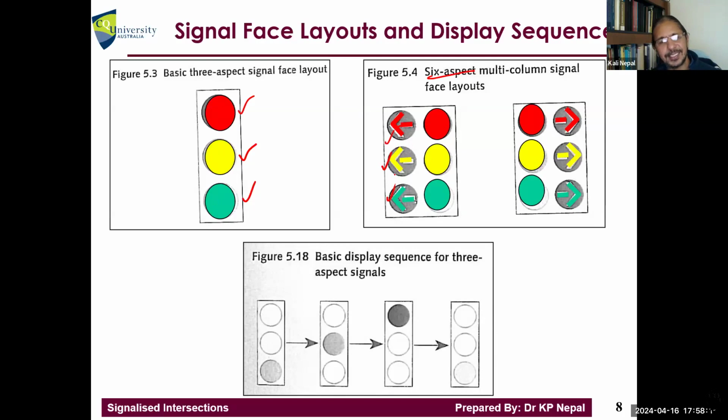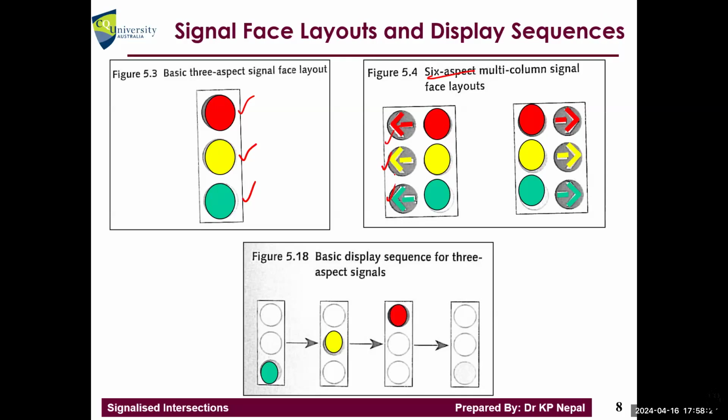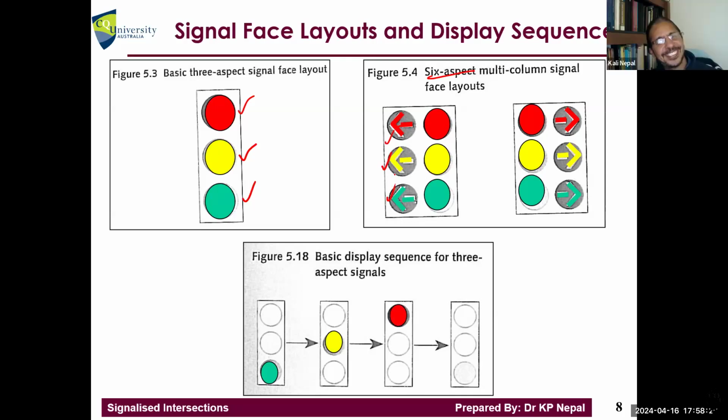If the first indication is green, what comes next after green? It comes yellow, right? And then red, isn't it? You see? This is the sequence we need to follow all the time, and back to green again. So don't provide green to red and yellow. There are reasons why.